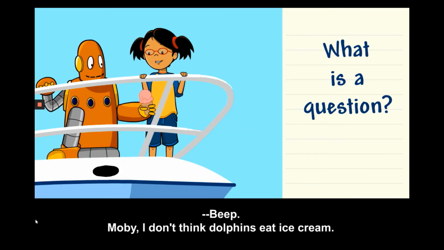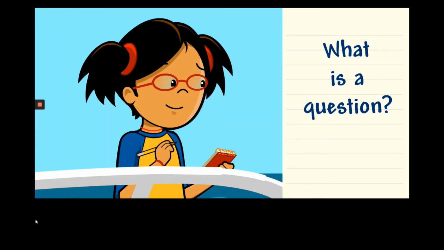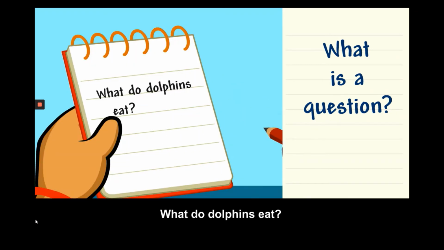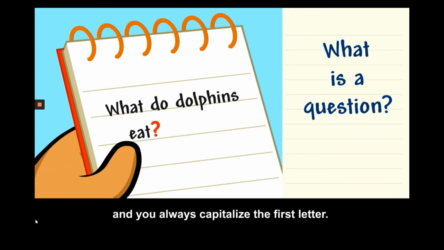Moby, I don't think dolphins eat ice cream. Let's see. What do dolphins eat? You always use a question mark to punctuate a question, and you always capitalize the first letter.